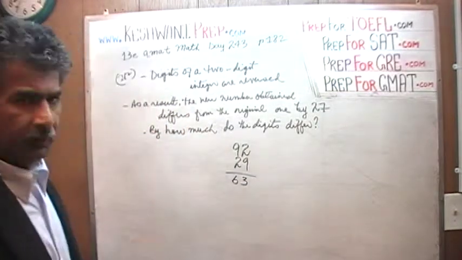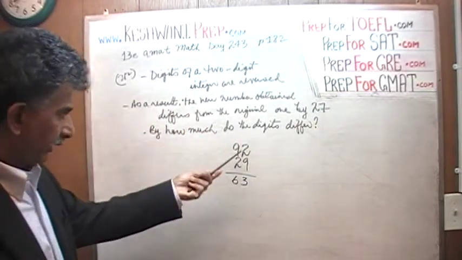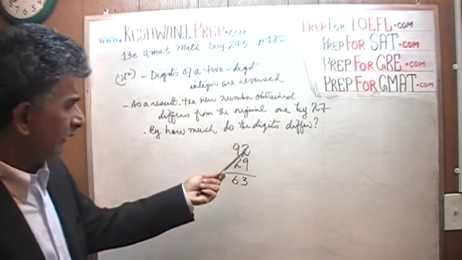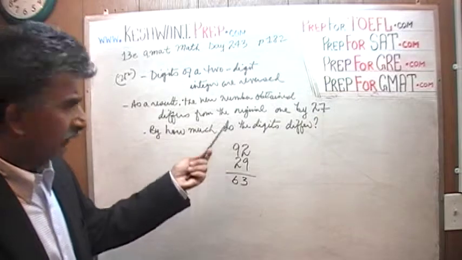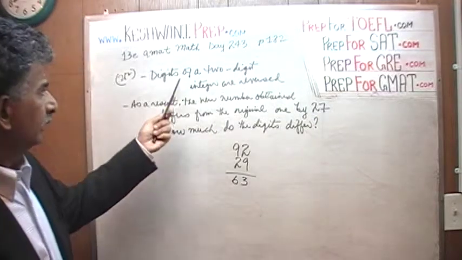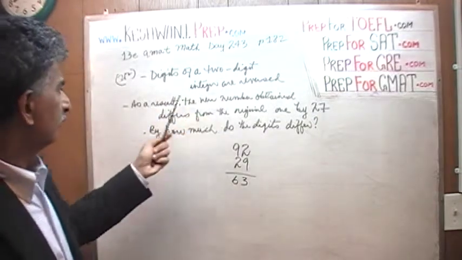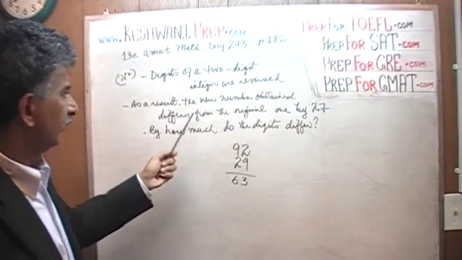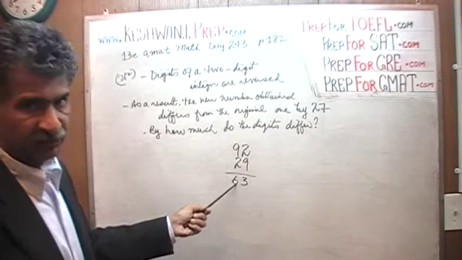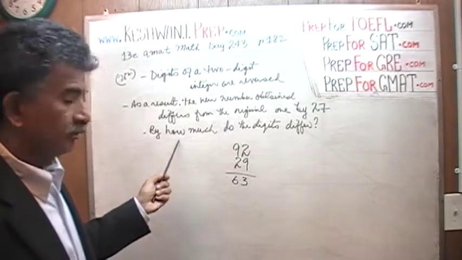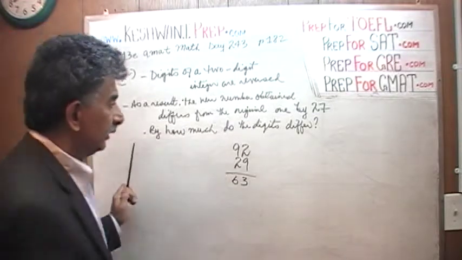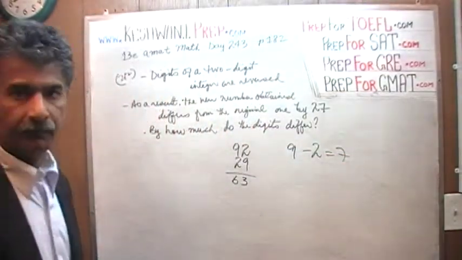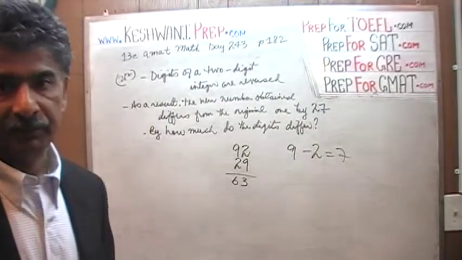As you can see, this problem would read as, had the answer been 7: digits of two-digit integers were reversed. As a result, the new number obtained differs from the original one by 63. And then the question would have been, how much do the two digits differ? The two digits differ by 7. In that case, the answer would have been 7. That's how much they differ.